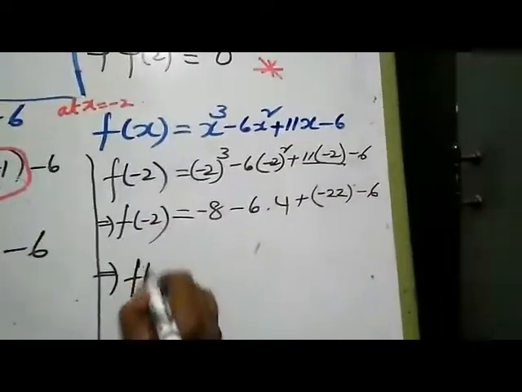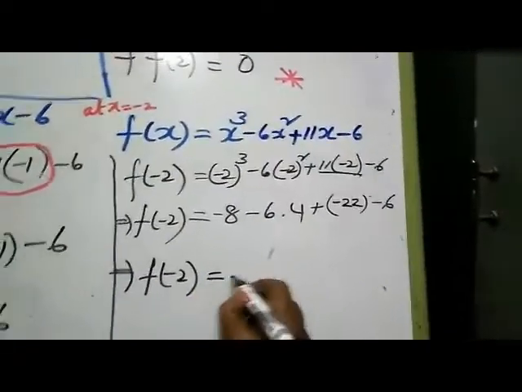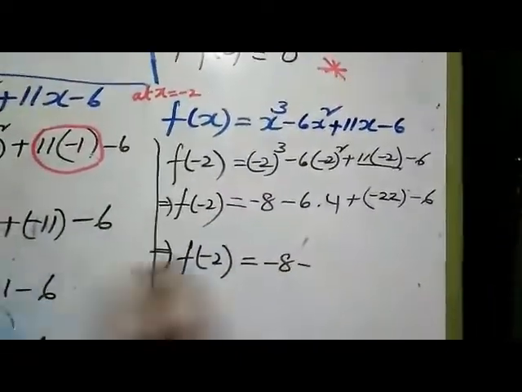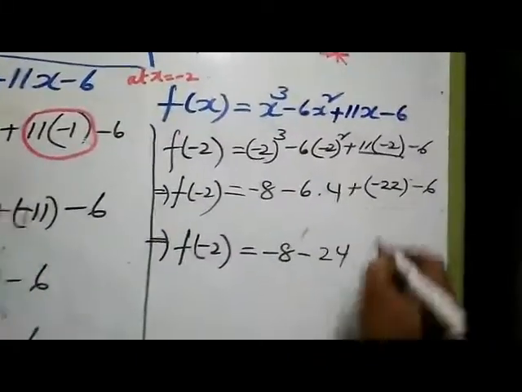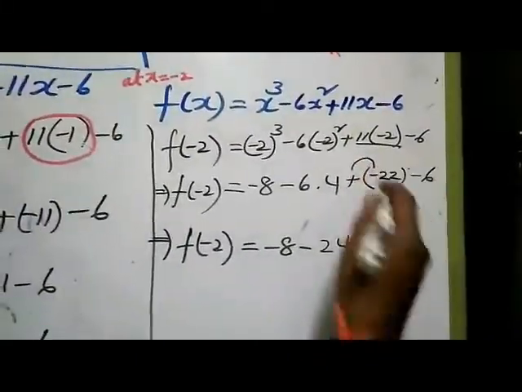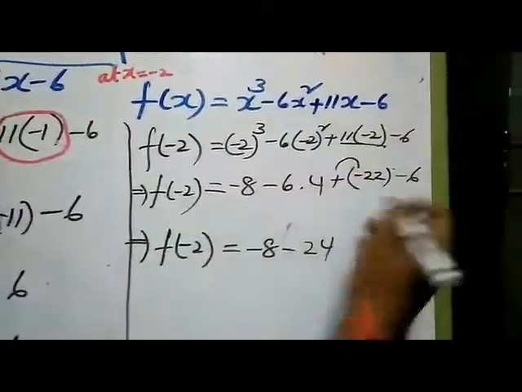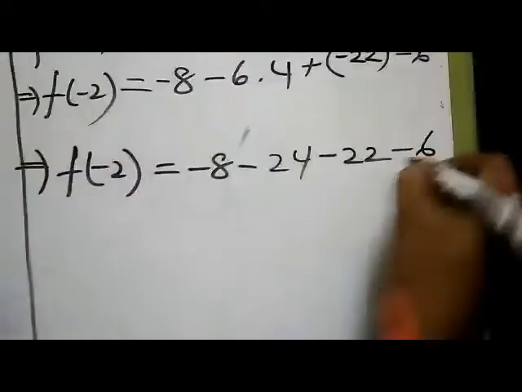That implies f of minus 2 is equal to minus 8, minus 6 fours are minus 24, minus 22, minus 6.